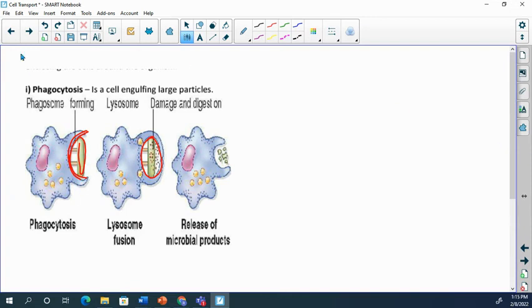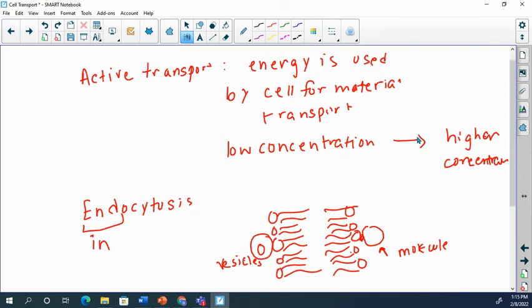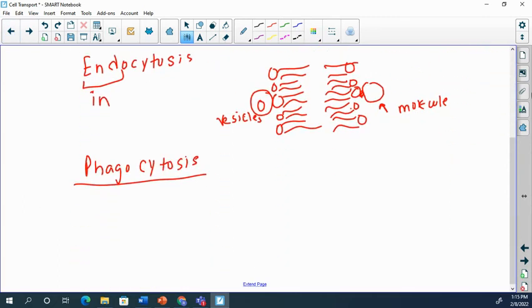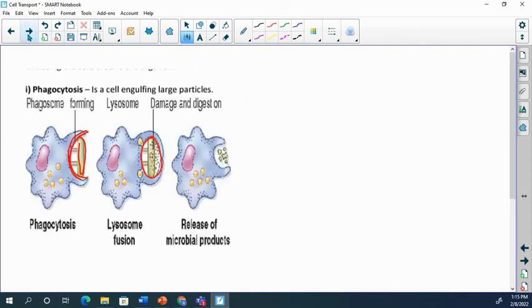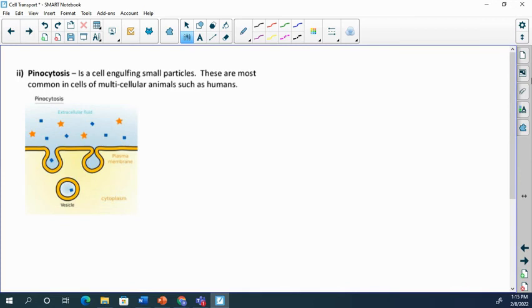Next, another example of endocytosis is pinocytosis. What happens in pinocytosis is a cell engulfing small particles.